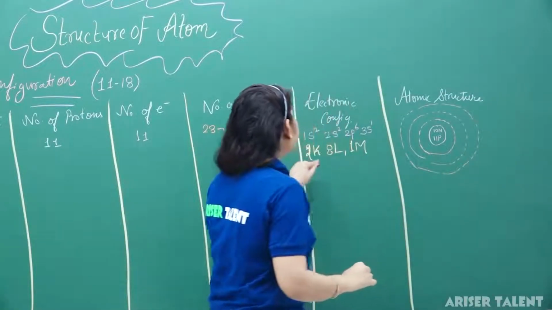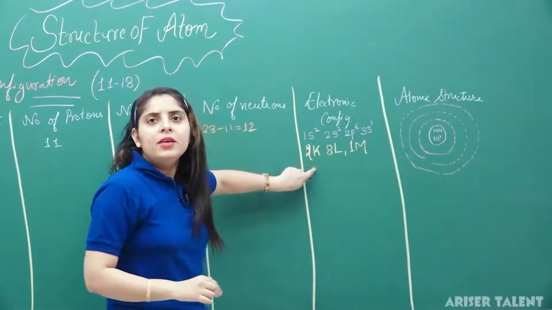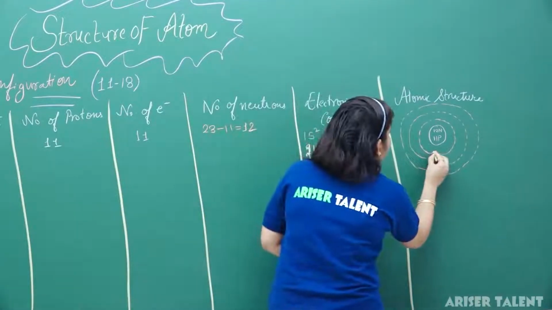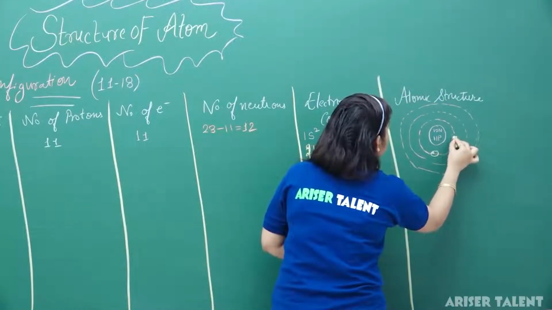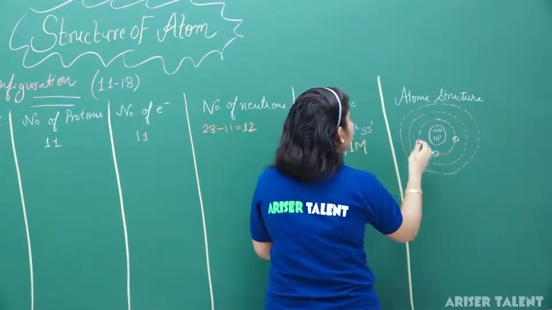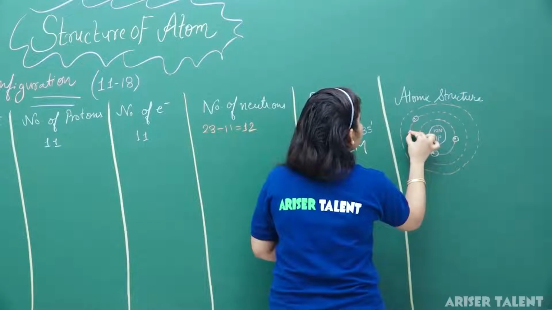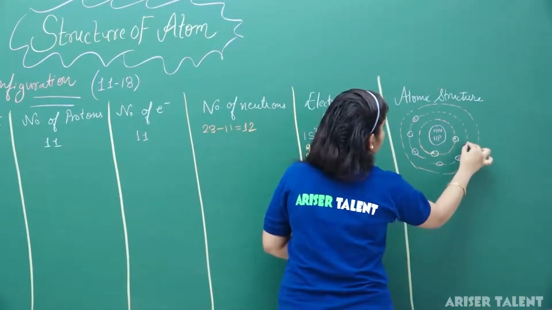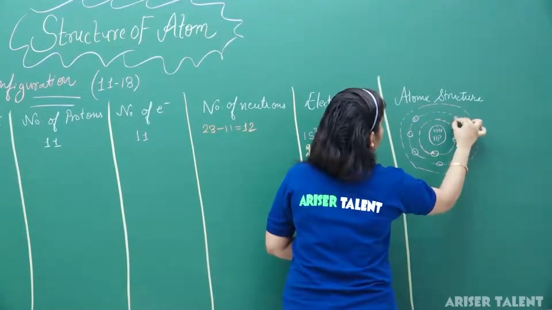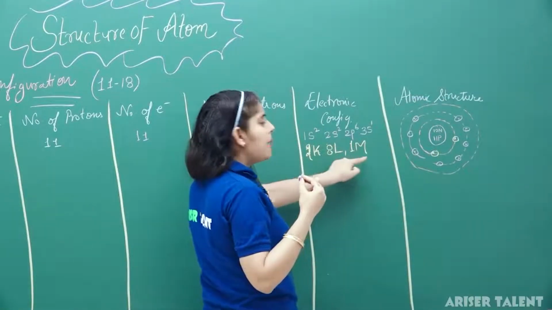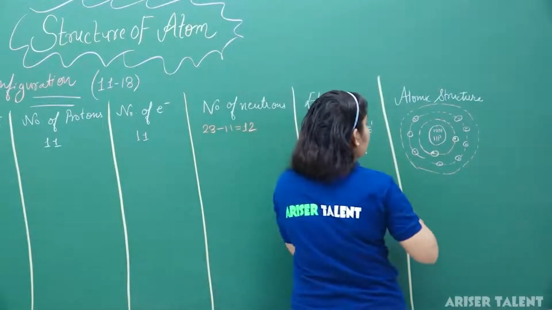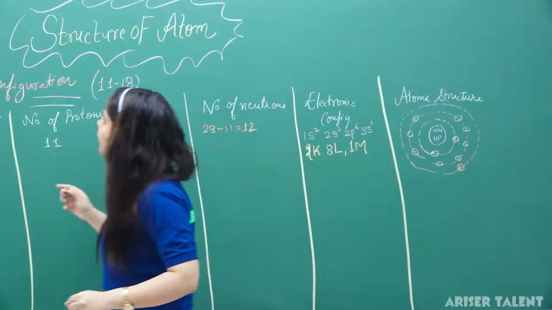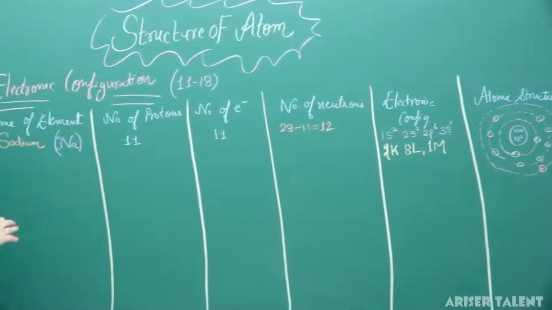In the K shell we have a maximum of 2 electrons, in the L shell we have 8 electrons, and in the M shell we have only 1 electron. So this is the electronic configuration for sodium.